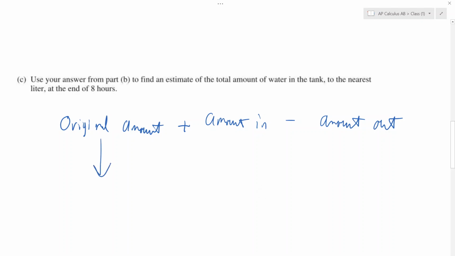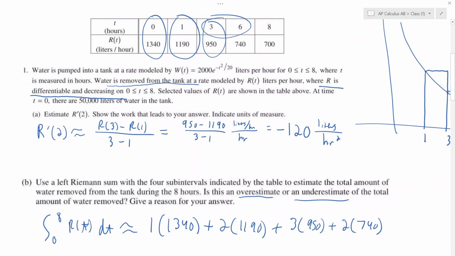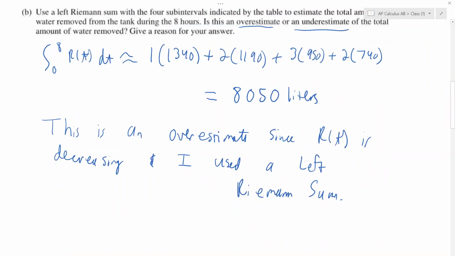Anybody know what that is? 50,000. Cool. Plus the amount in. If they don't tell us that, they tell us the rate it goes in. So the amount in is the integral from 0 to 8. They give us a function for that, of this thing right here: 2,000 e to the negative t squared over 20.